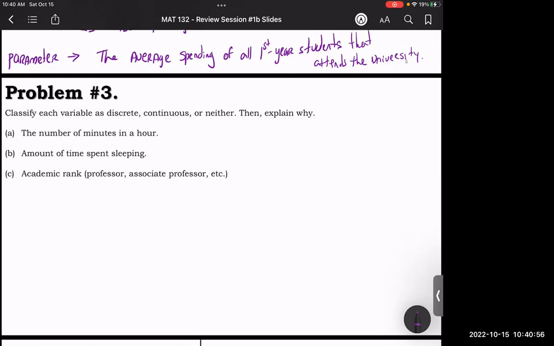It is discrete, Martha, you're right. Why is it discrete? What's the key phrase there that tells us that 1A is discrete?